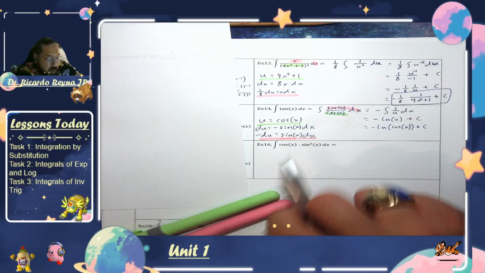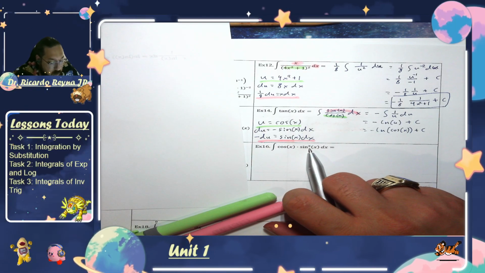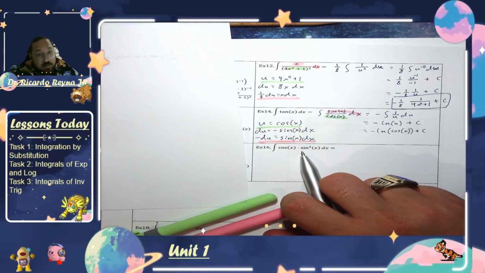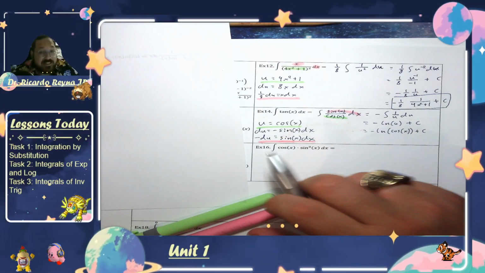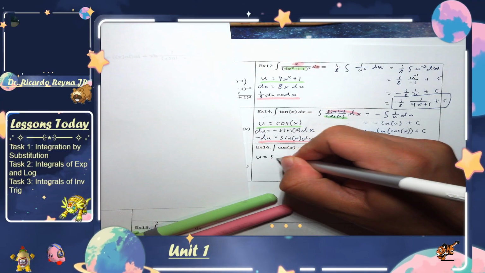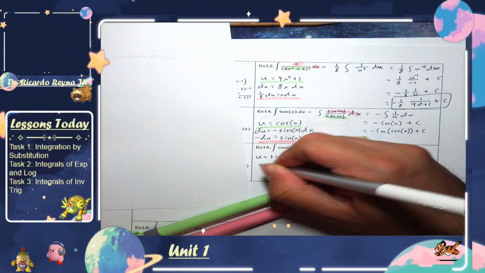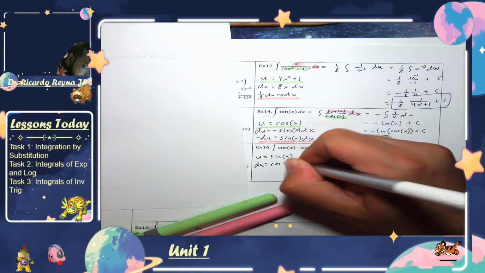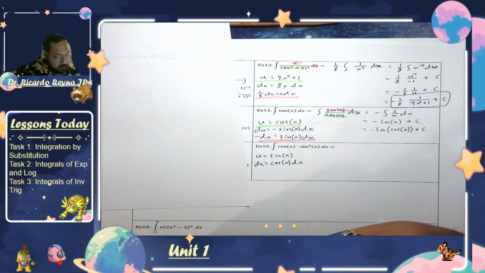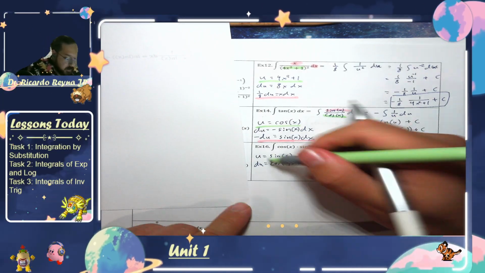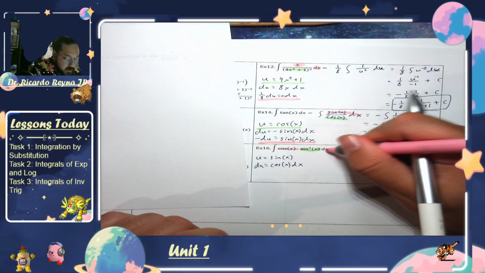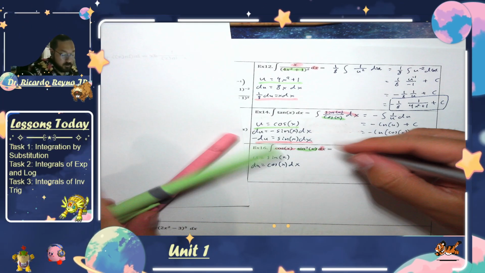Similarly, you see that although sine is to the power of 3, its derivative is not here. You do see that sine's derivative by itself is there. So if we take sine to be u, du would be cosine of x dx. And for this one, we don't even really need to manipulate it much because we can just see that cosine and dx are there plainly.